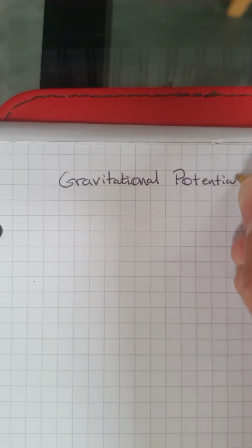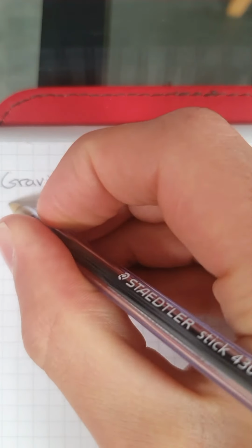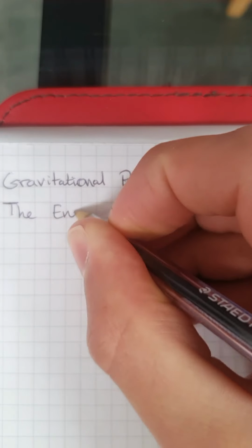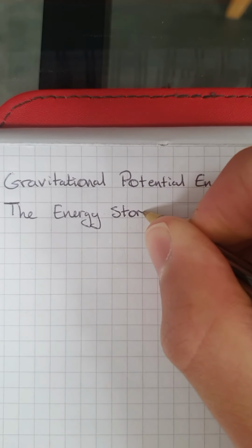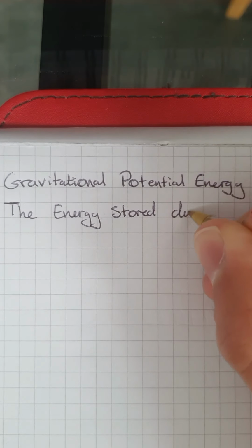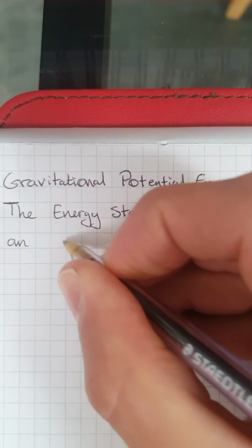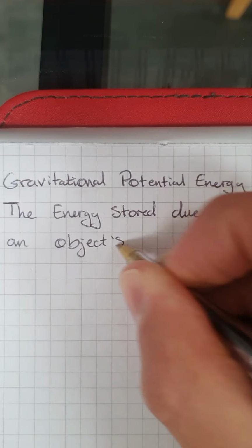Gravitational potential energy is an energy store that is associated with an object's height above a surface. So it's the energy stored due to an object's height above the surface.